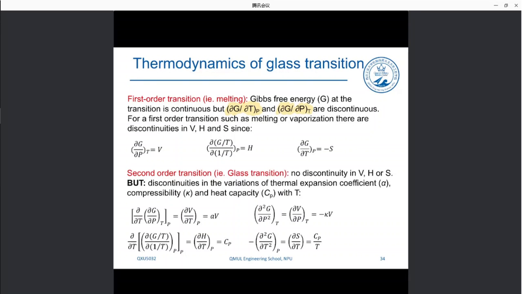I just want you to remember that melting is a first order transition, while glass transition is a second order transition, and actually not a real second order transition, but a pseudo second order.